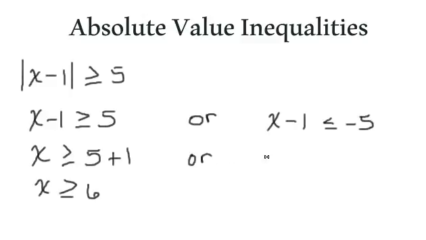I'll just follow the or down. Do the same thing here. Less than or equal to negative 5. Take this minus 1 over to the right so it becomes a positive 1. And we have x is less than or equal to 6. Wait a second.